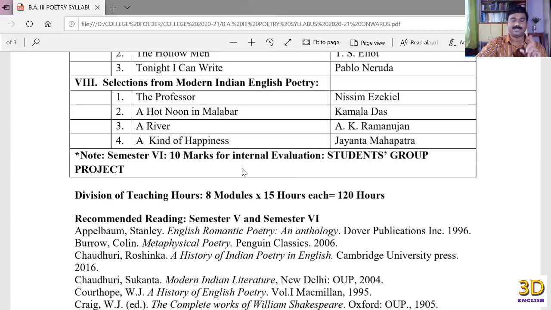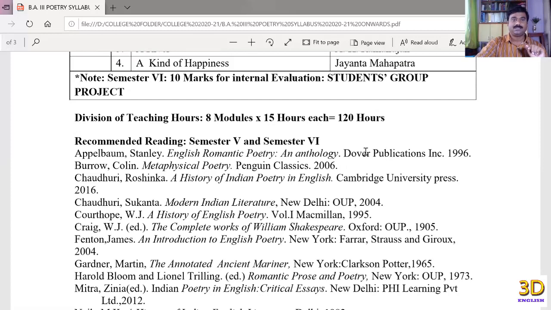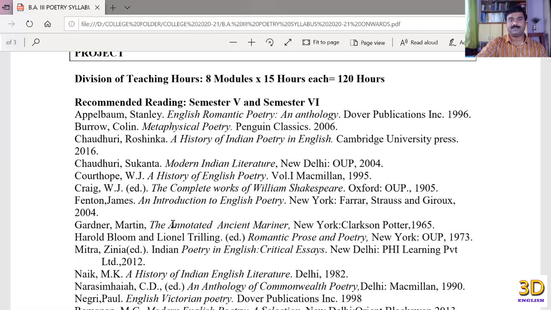Once again, in the next semester also, the students have to give a project. So in the fifth semester, there is a seminar, and in the sixth semester, there is a project. So don't forget this. Now, these are the recommended readings for the teachers as well as the students.